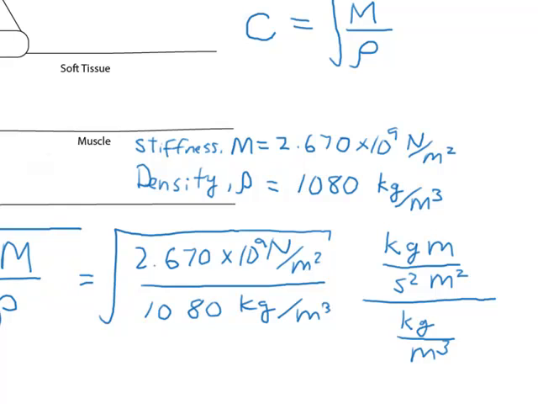If I work with these units first, I can see that I could cancel the meter on top by meters on the bottom, and I could cancel my kilograms, and then I have meters cubed on the bottom of the fraction. One way I can deal with that is to multiply this large fraction by meters cubed over meters cubed.